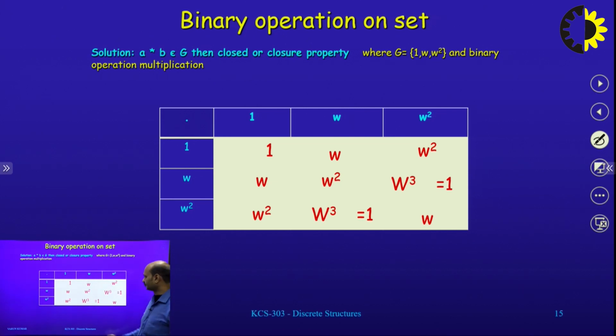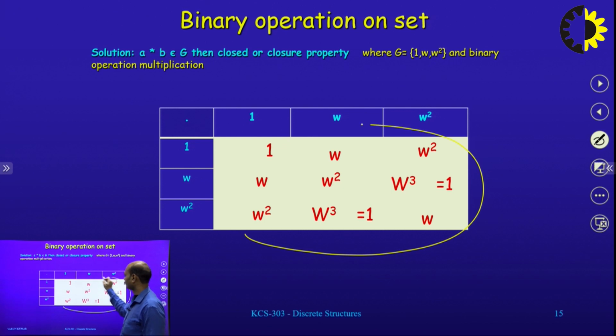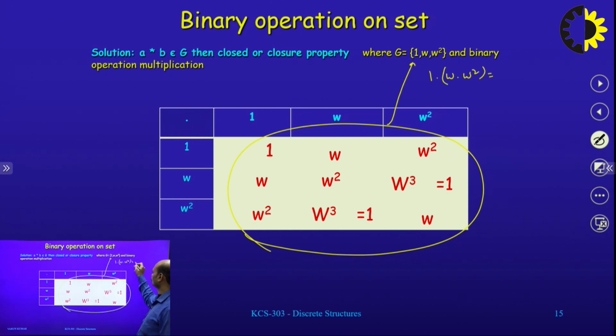Is it closed? Yes, it is closed because all elements belong to this particular set. So, this is closed. Associative: we take 3 elements, that is 1 dot omega square. If both sides are equal, then we can say that it follows the associative property also.